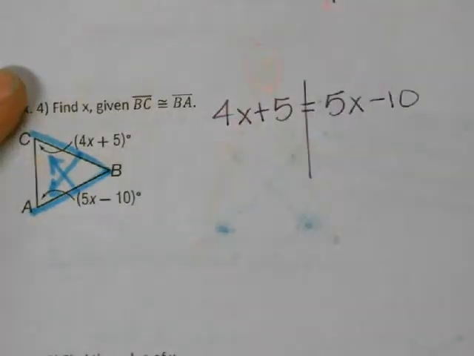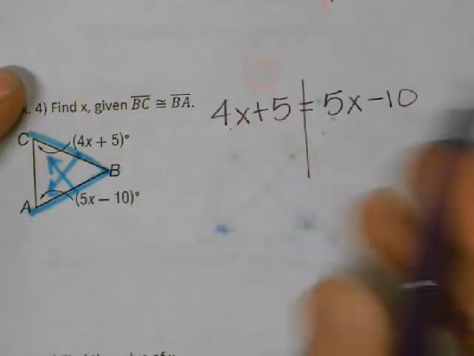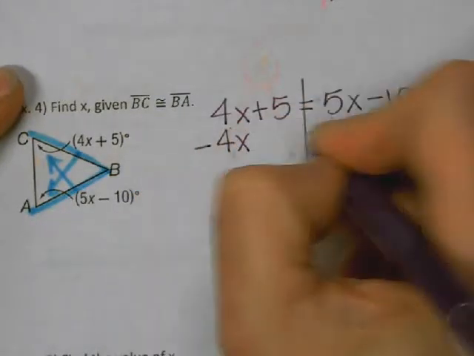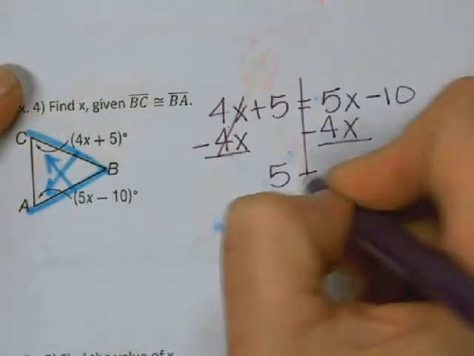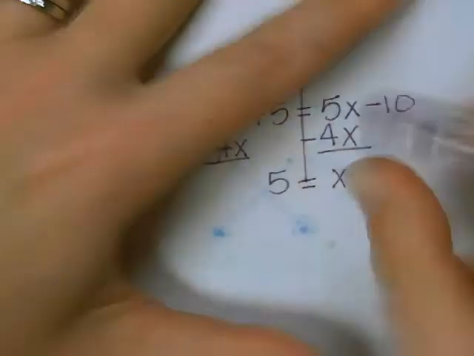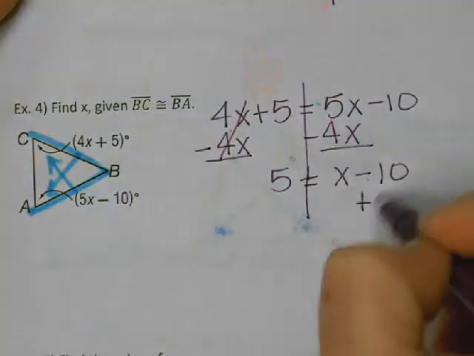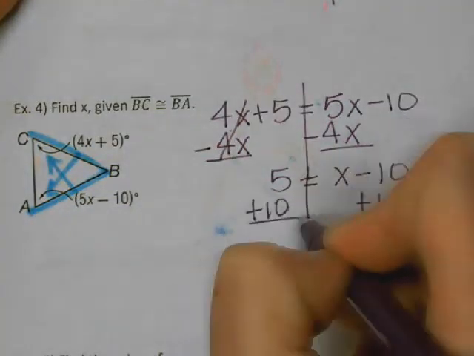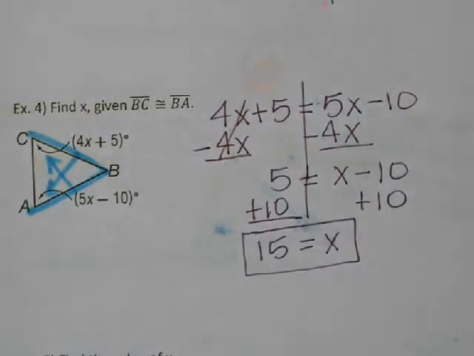And then you just solve. I'm going to move 4x over here because 5x is bigger than 4x. So subtract 4x from both sides, and we get 5 equals x minus 10. Then we're going to add 10 to both sides. So 15 equals x.